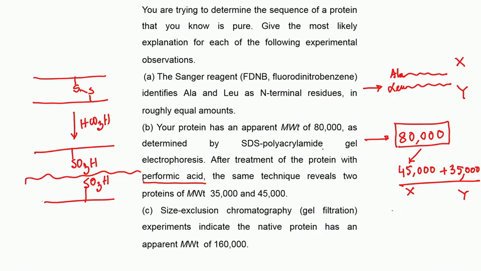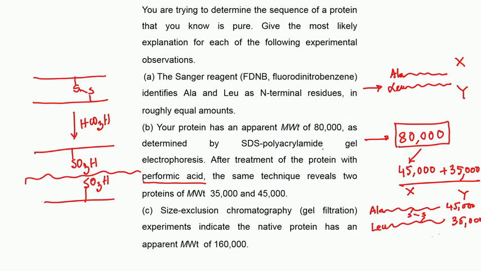That means these 45 and 35 are connected by disulfide, at least one disulfide. There may be more than one disulfide also, it does not say how many disulfides there are, but at least the minimum structure that you can write here is two chains, and this is alanine and this is leucine, and suppose this is the 45,000 and this is the 35,000.